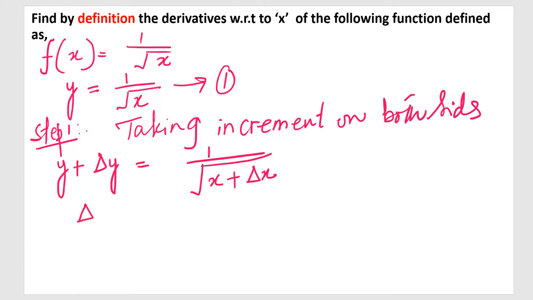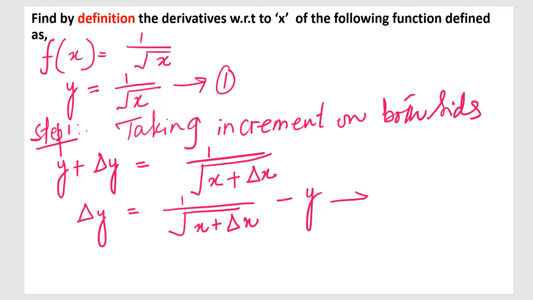Now in the next step, we will take y from the left hand side to the right hand side of the equation. So it will be 1 divided by square root of x plus delta x, and this y, when you take it to the right side, becomes negative y. I will say this is my equation number 2.